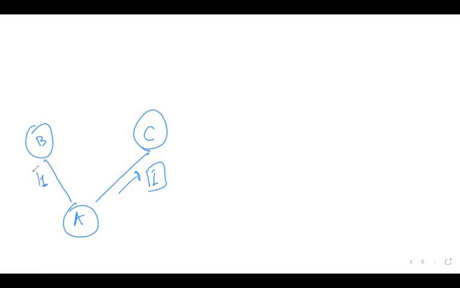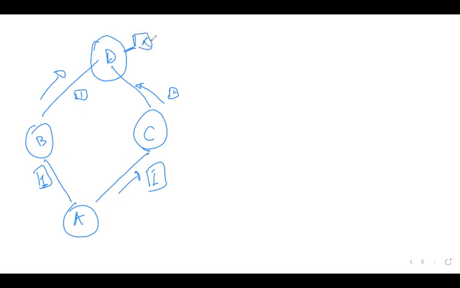Similarly, he also sent packet 1 to node B and node C. And now when node C forwards this packet 1 to node D, there will be a collision of these packets on node D.